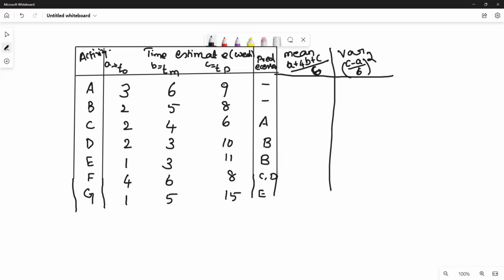Let us find it one by one. So first, for the first activity A, 6 fours, the middle one, you have to multiply with 4, add with the first and last, divide by 6.